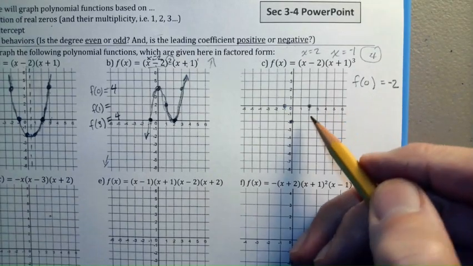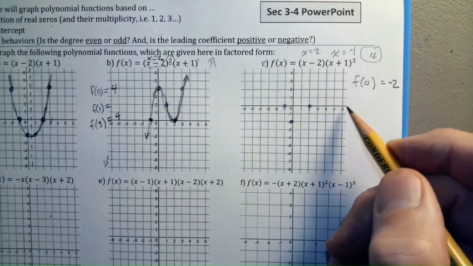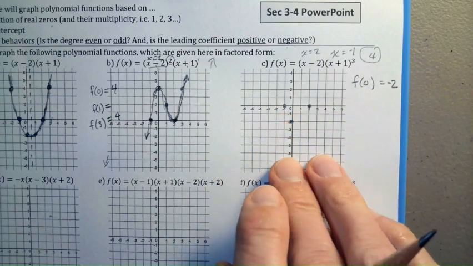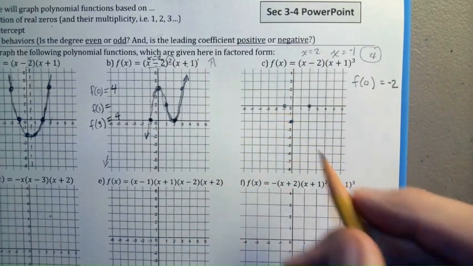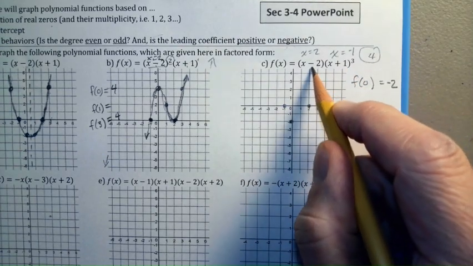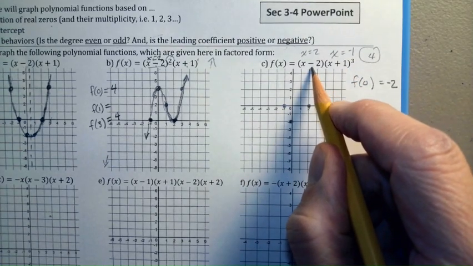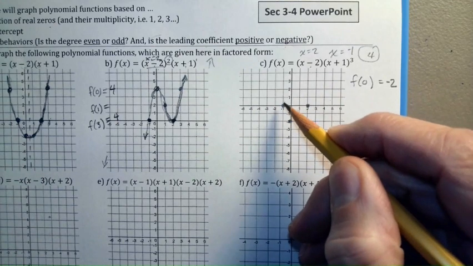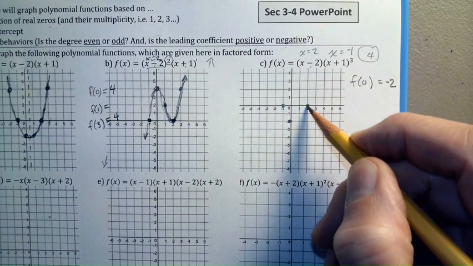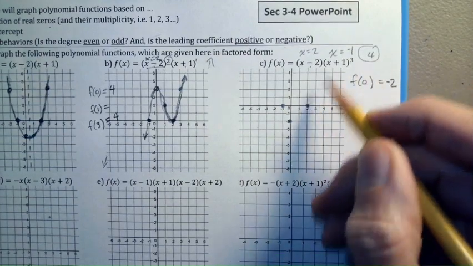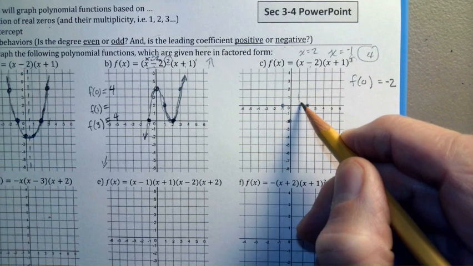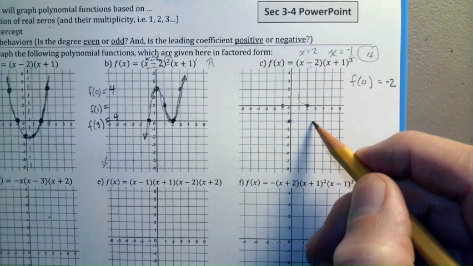All right, so we can see that the degree is 4, so we have to think about how this is opening up, right? And then also think about the multiplicities. So multiplicity of 1 for this 0, so it's going to cross right through this thing. And then this one is going to have a multiplicity of 3. So that means at some point it's going to come down, go tangential, and go through.